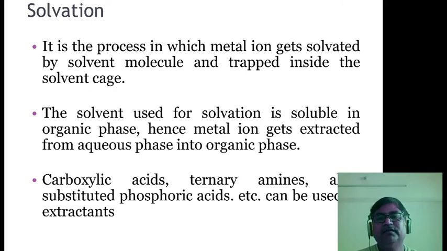These particles get solvated with metal ions and form a specific type of cage. Whenever such a cage is formed, the central metal ion gets trapped inside the solvent cage, and a polar solvent system is developed.